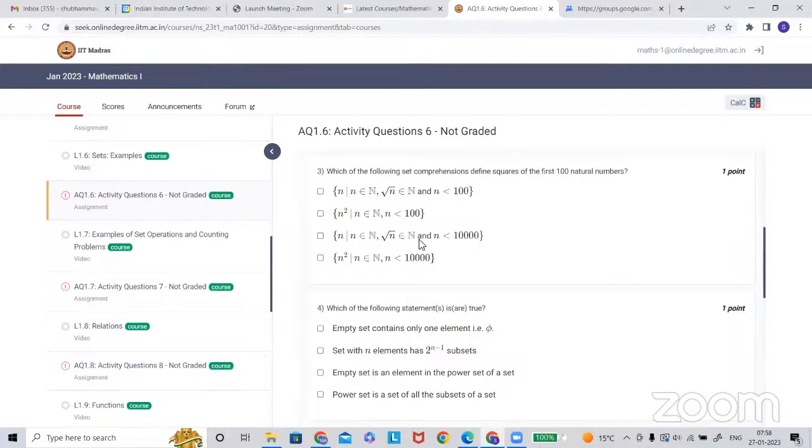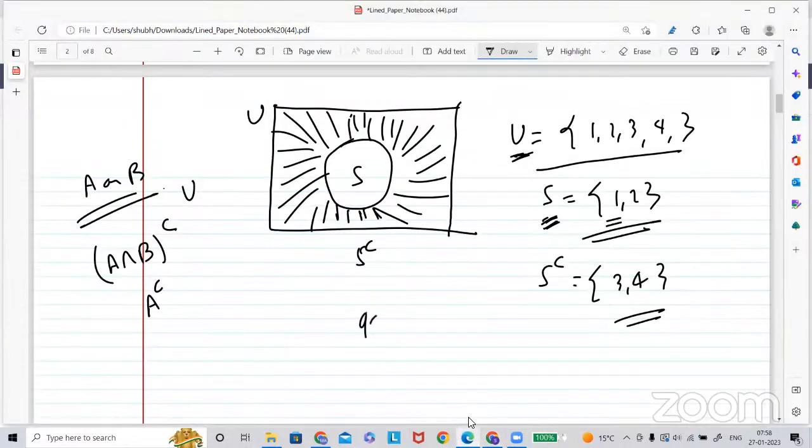Now these three conditions are written here. So I am taking an element which is less than 10,000, let's say 9,999. Okay, and now I am taking the root of it. This number is less than 10,000.